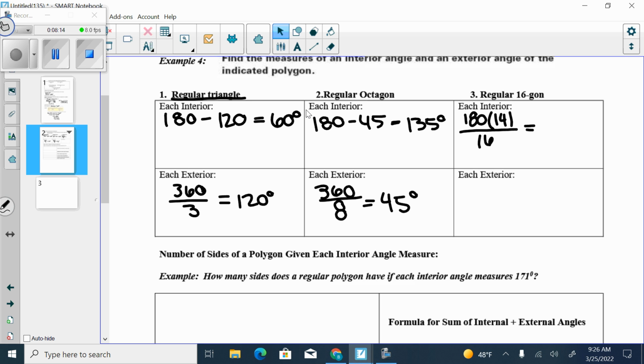So what is 180 times 14 divided by 16? Very good. All right. And then apparently to find the exterior angle, all I would need to do is subtract that from 180, right? So what does that leave us for the exterior angle? Very good.